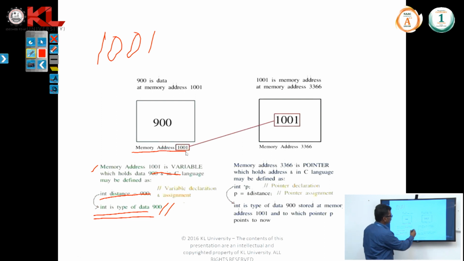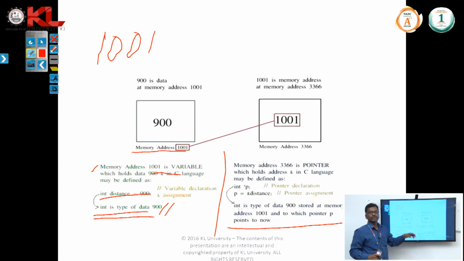Now, if you look at the other declaration here, int *p = &distance. Here, int is the type of data, that is 900, stored at memory address 1001, and the pointer p points to that location.